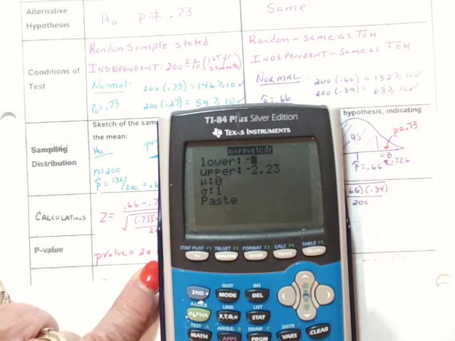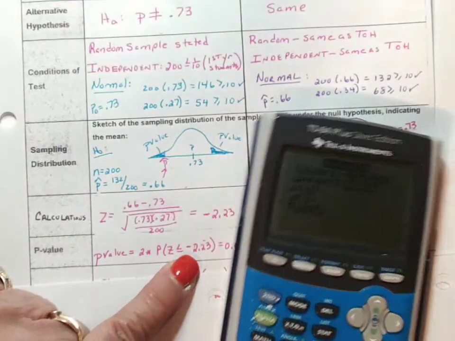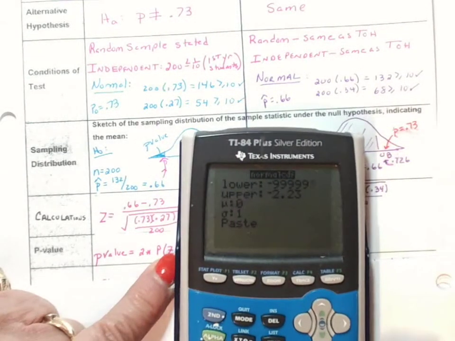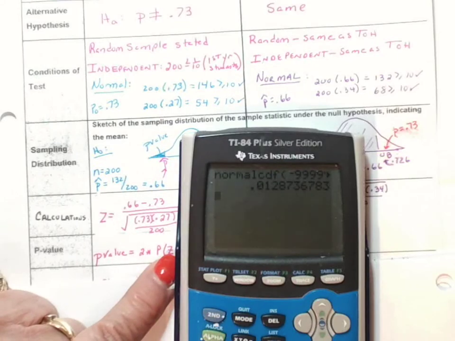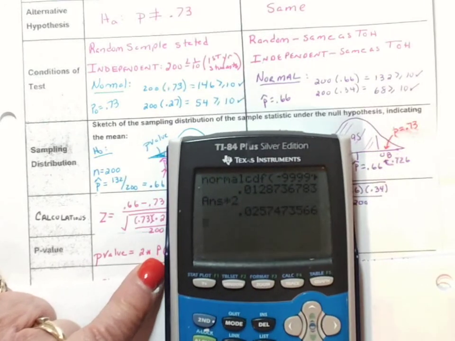Okay, you could put in a big number like that, negative 9999 to negative 2.23. This is a standard score. So I hit paste, enter. That's one tail. I have to multiply it by 2 to get the p-value for the two tail.